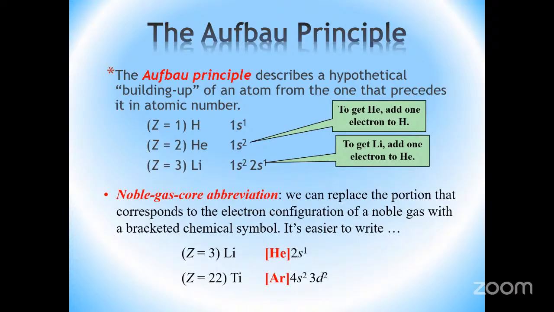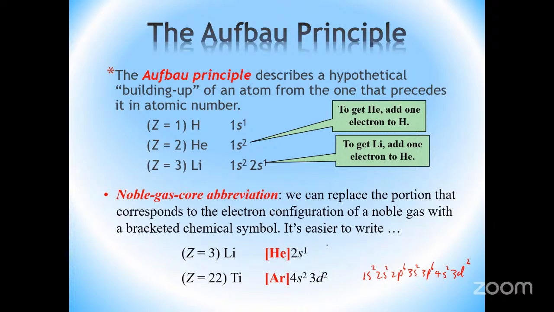If you were to write out the entire configuration of titanium, it would be 1s2, 2s2, 2p6, that's 10, then 3s2, then 3p6, then 4s2, so that's 10, 10, and then 3d2, all right? So this would be the entire electronic configuration of titanium.